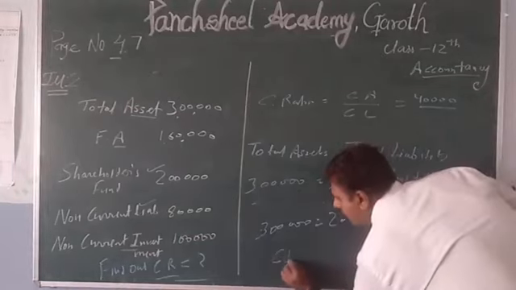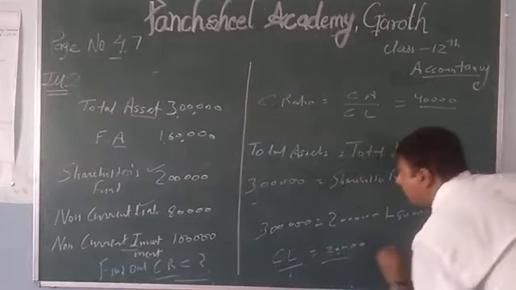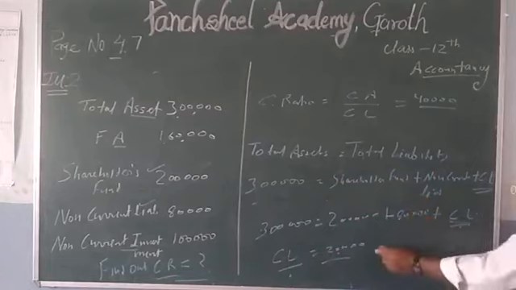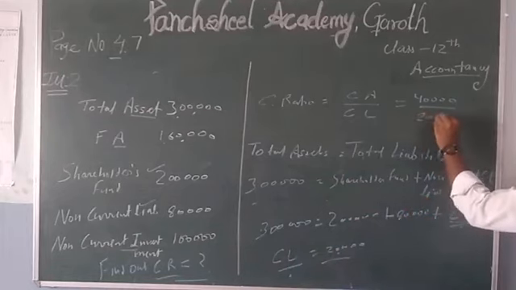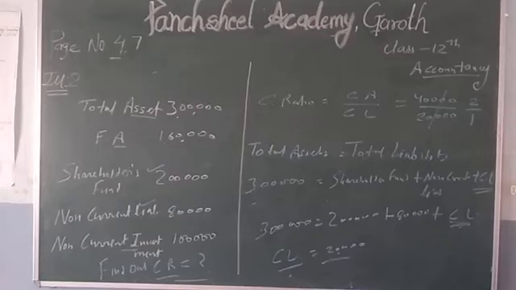So my current liability will come 20,000. Now I can solve it. 2:1. How much my current ratio? 2:1. That means my current assets are twice of my current liabilities. Got it, everyone? Practice it in your home.